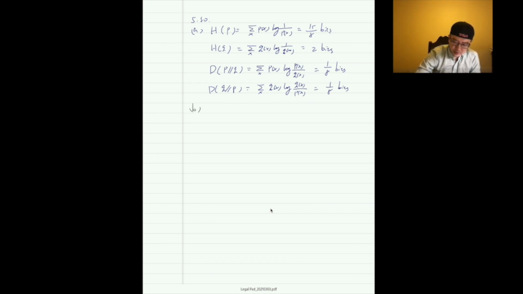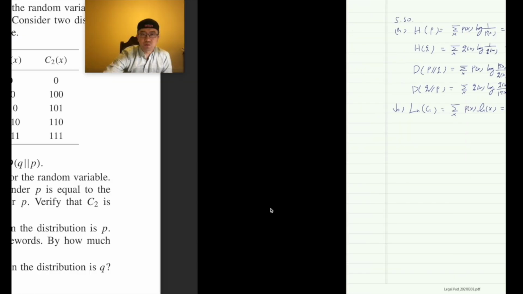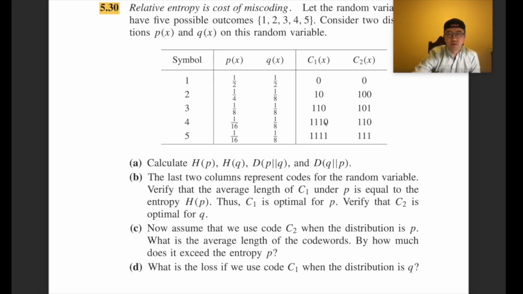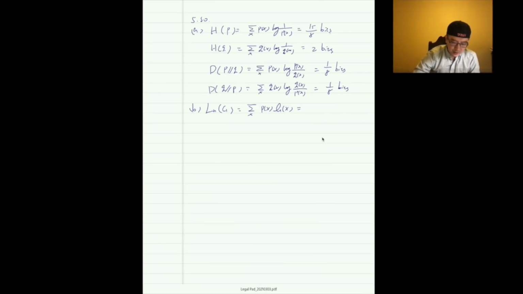Okay, so basically, let's say L of C1. This notation means the length of C1, and the distribution is according to P of X, right? And then L1. Again, here we just plug all the lengths in, right? So 1, 2, 3, 4, 4. Okay, and then we can get 15/8 bits, which equals H(P), therefore it's optimal, right?